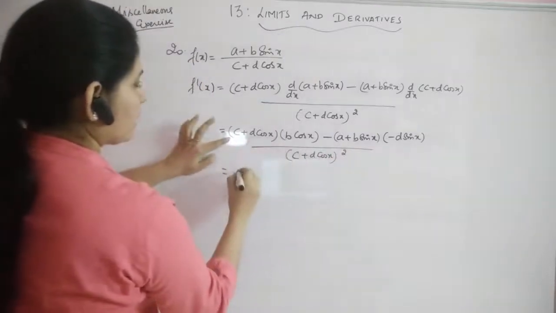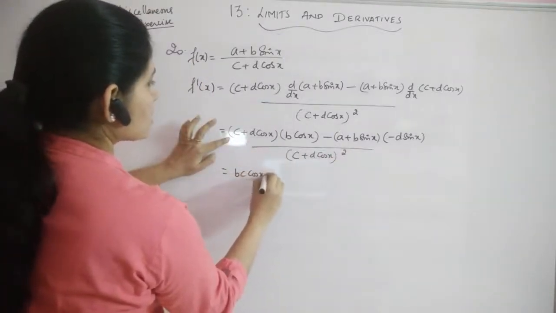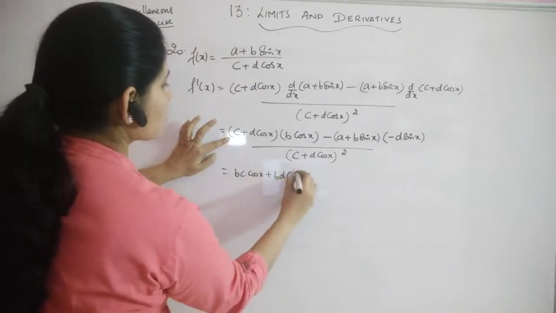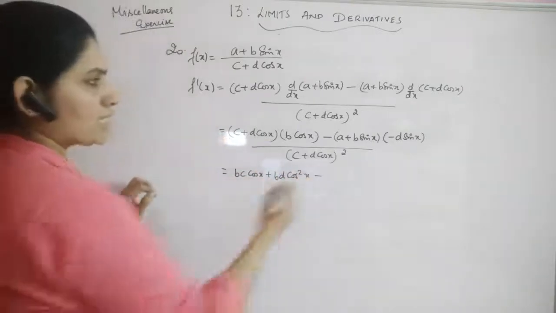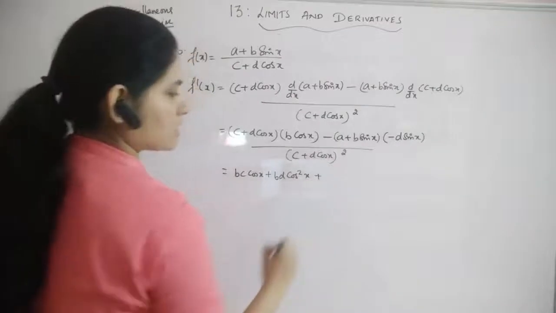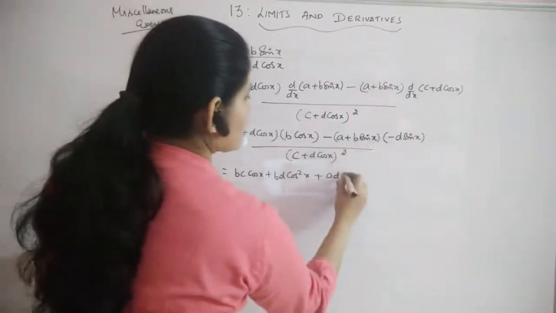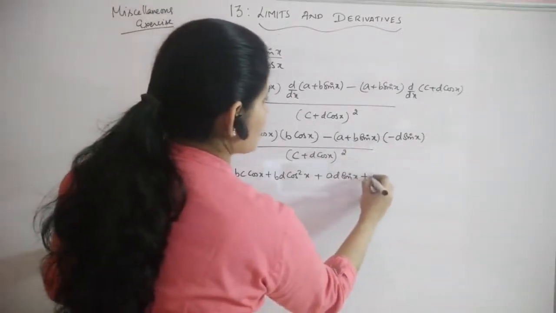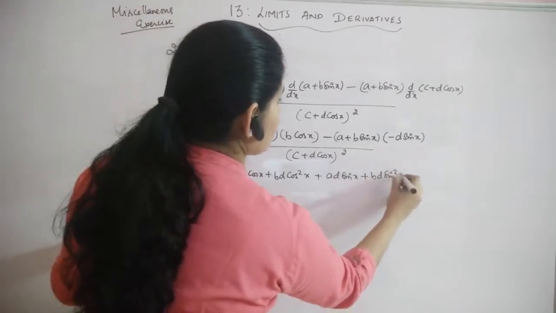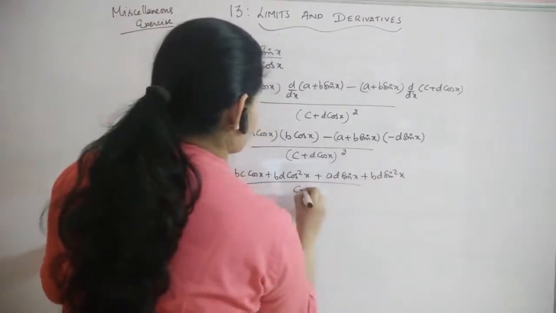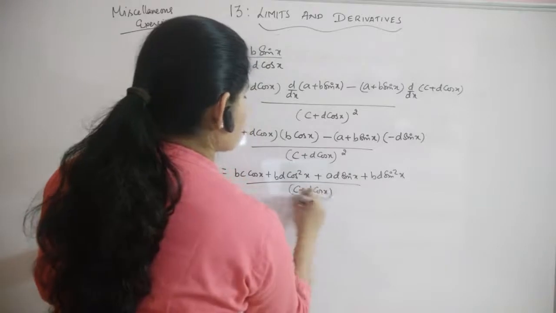So now multiplying, you will get bc cos x plus bd cos square x minus, and here this minus will become plus, and this is ad sin x plus bd sin square x, divided by (c plus d cos x) the whole square.